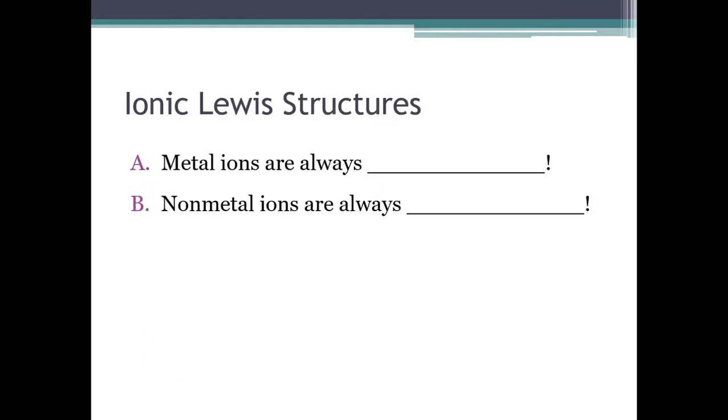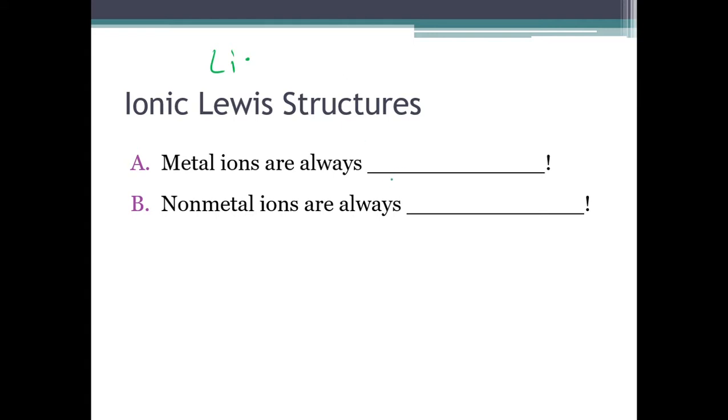You are going to need to be able to draw the Lewis structures for ionic compounds. So remember, we learned about Lewis structures a while back. We learned that you draw the symbol of an element and then draw a dot for every valence electron. Well, now instead of just drawing individual atoms, we are going to draw an entire ionic compound.